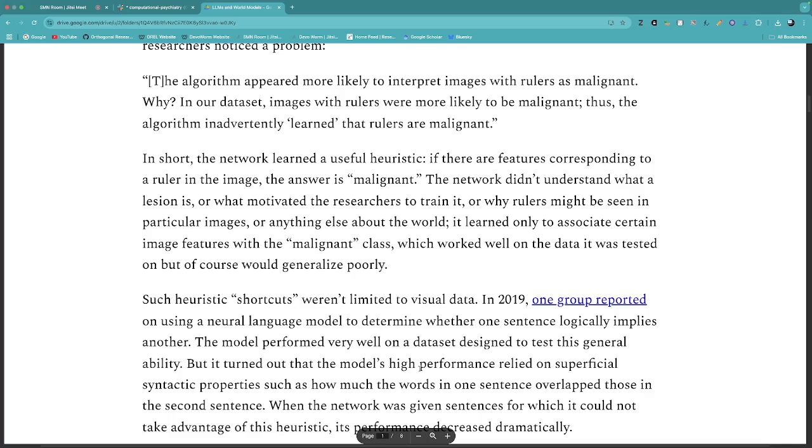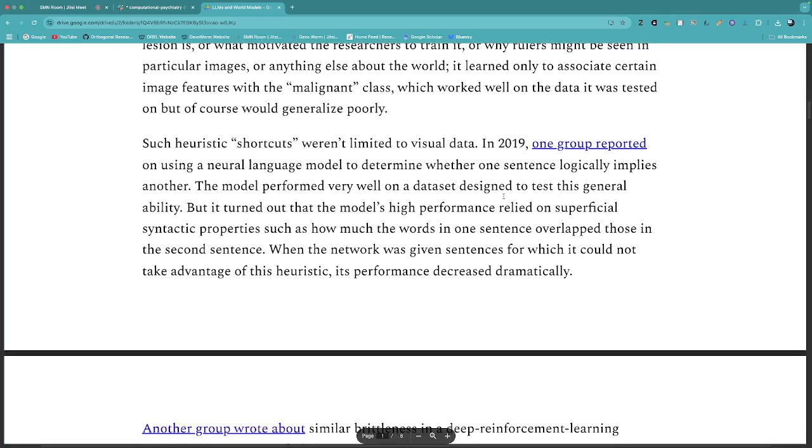The network didn't understand what a lesion is, or what motivated the researchers to train it, or why rulers might be seen in particular images, or anything else about the world. So this is where we want to introduce this world model. Heuristic shortcuts are okay, but they also have to be weighed against realities of the world that that image is taken from.